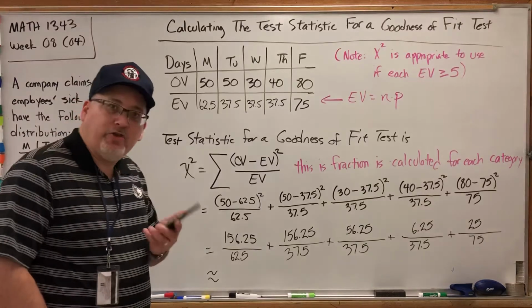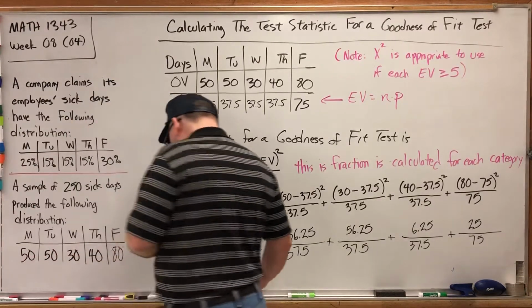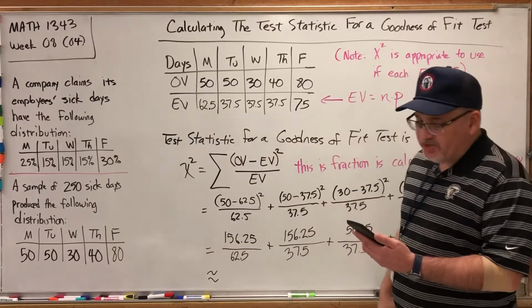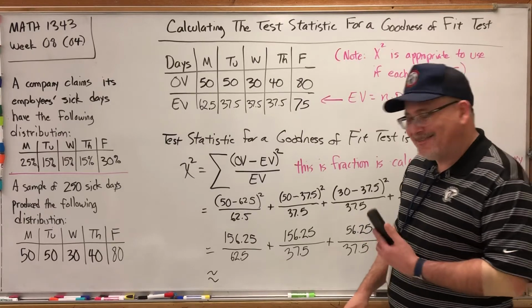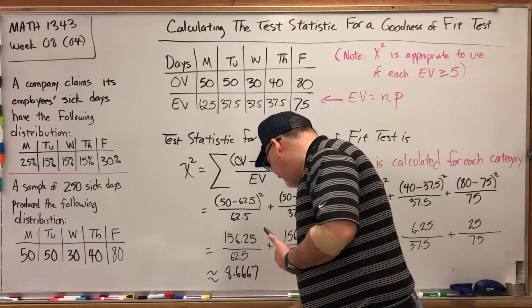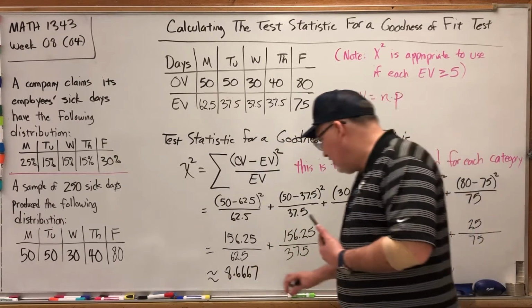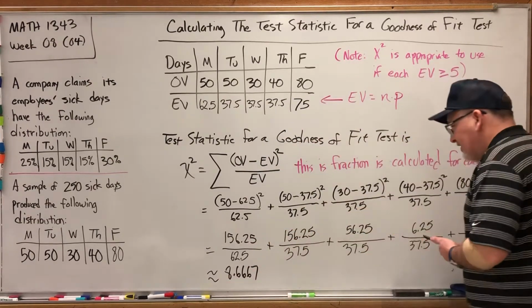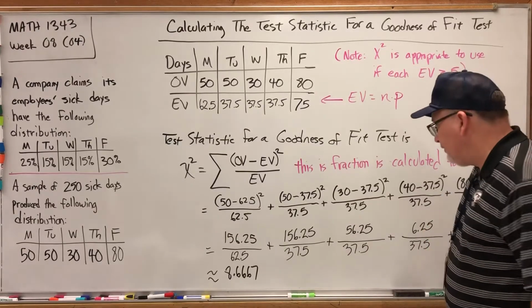And you'll get an answer that you'll probably have to round off. This one to 4 decimal places is 8.6667. It's actually 8.6 repeating, but very, very rarely will this come out to be such a clean decimal like that.